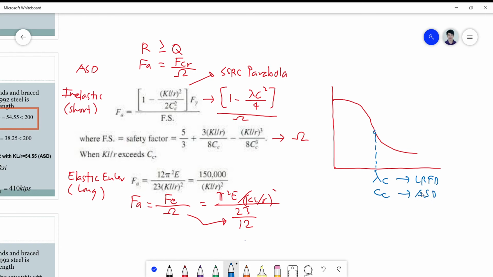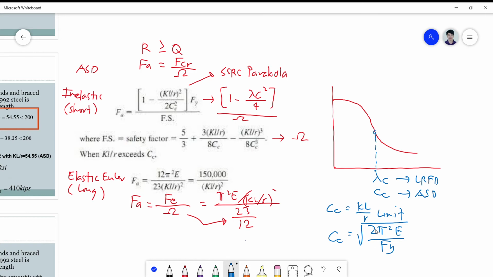Take note that C sub C is just the limit of KL over R, which can be derived using the formula square root of 2 pi squared E over Fy.